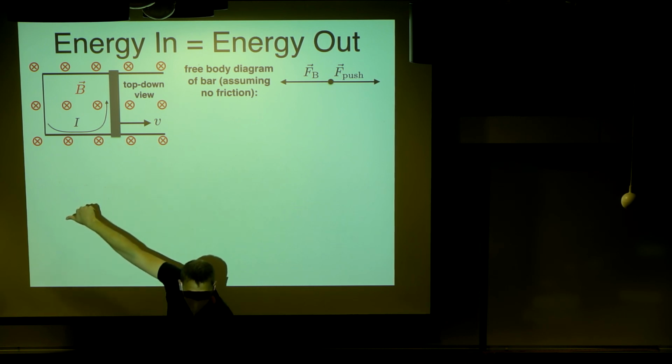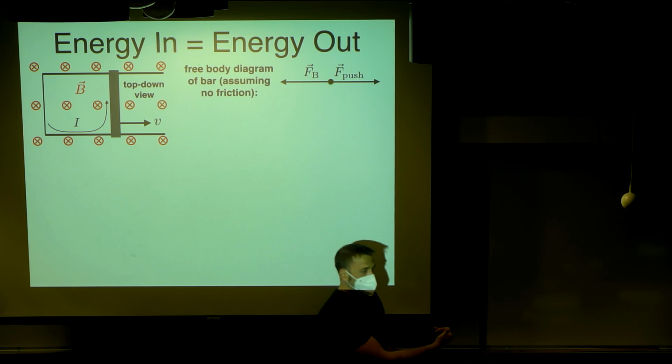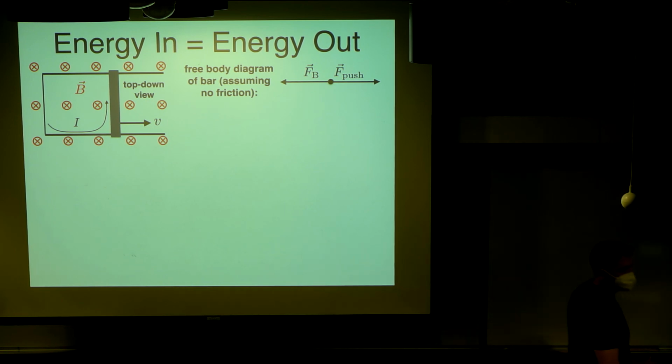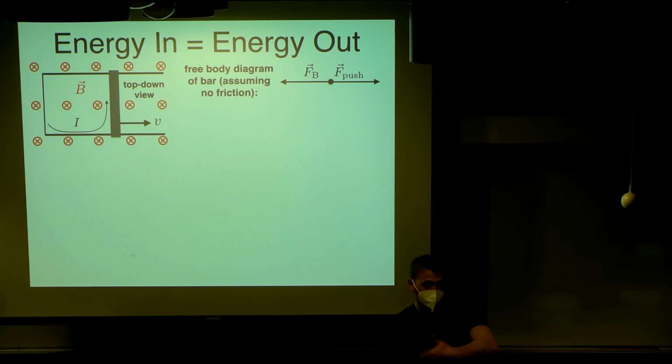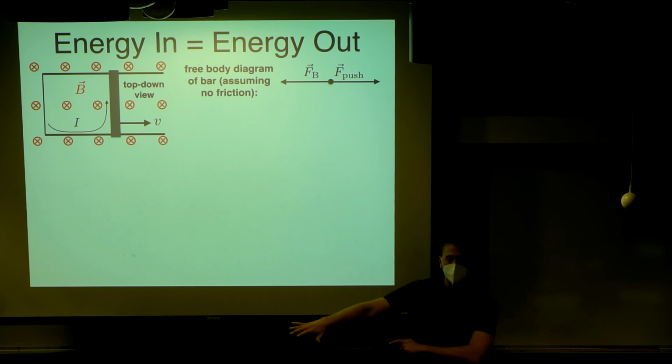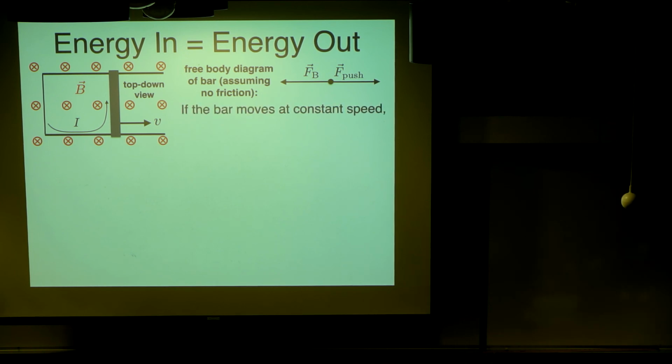Then our resulting force is this way. So as you push, you're going to be pushing one way with an opposing magnetic force. And guess what? The magnetic force gets stronger as the current gets stronger. So the harder your push, the more current you generate, but then the more the opposing force grows as well. So it's always this push and pull.